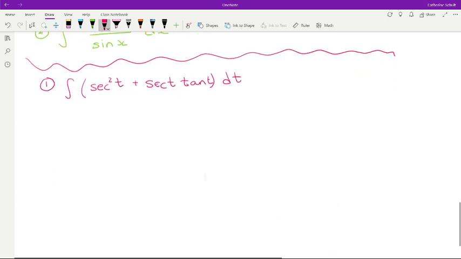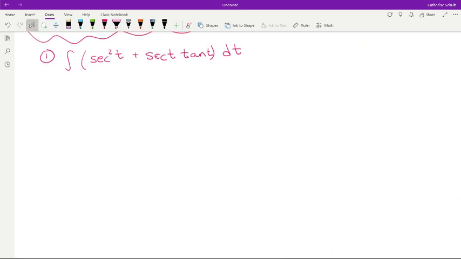Okay, so for instance, the antiderivative of secant squared is the tangent. And the antiderivative of secant tangent is secant. All right, and then for indefinite integrals, what's the last thing we need? We need the plus C, so make sure you don't forget that.